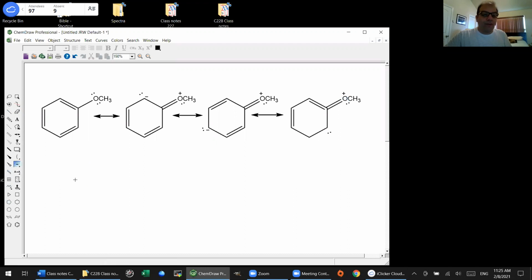And of course, all of those are relatively minor contributors compared to the one with no charge separation. But if you look at those 3 structures, and you ask, where's the extra electron density? Well, it's in the 2 ortho positions and in the para position. No wonder the compound likes to react from those 3 carbons.